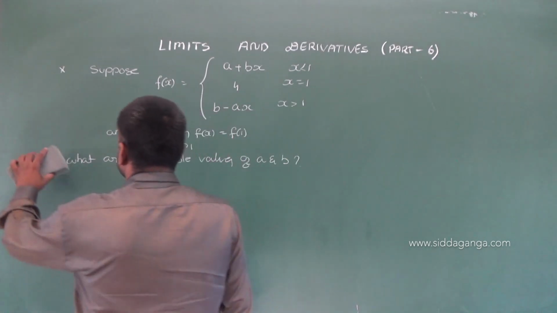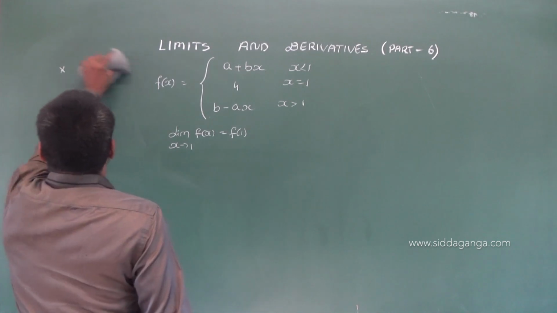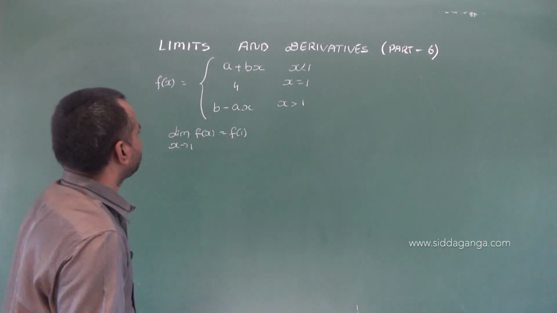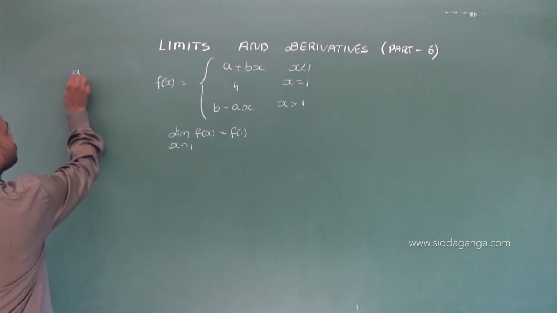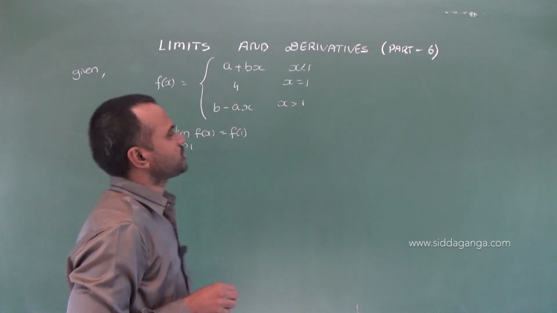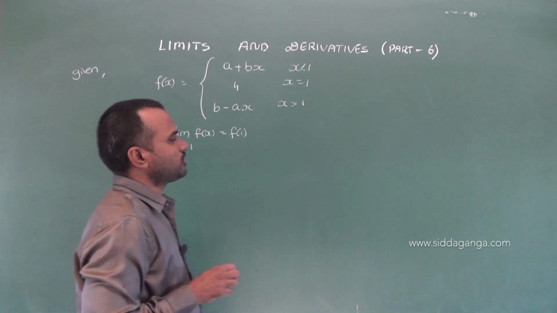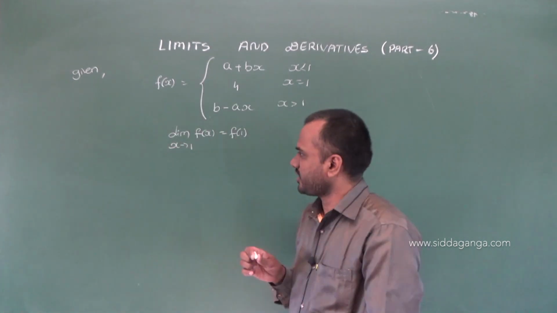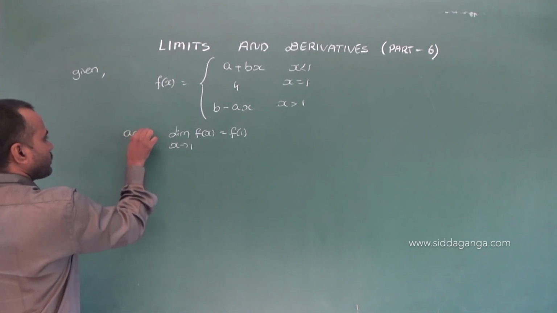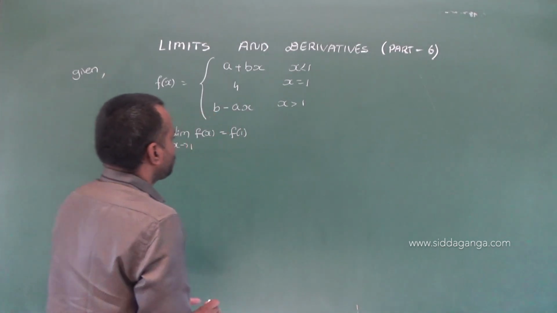Okay, so given f of x is a plus bx for x less than 1, 4 for x equal to 1, b minus ax for x greater than 1, and limit x tends to 1 of f of x is equal to f of 1.